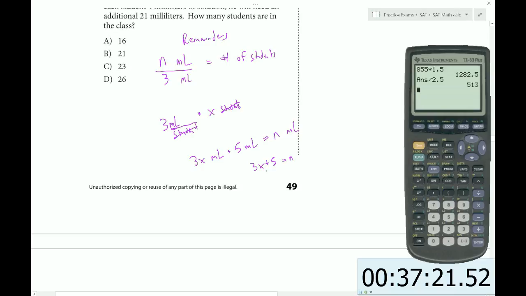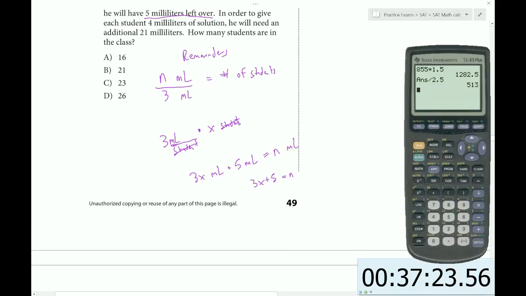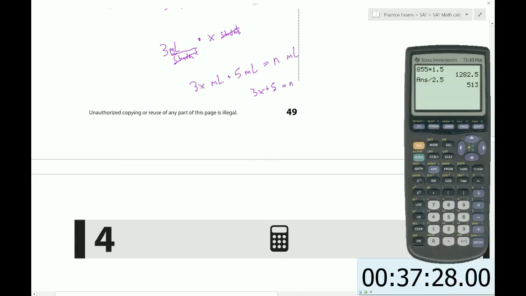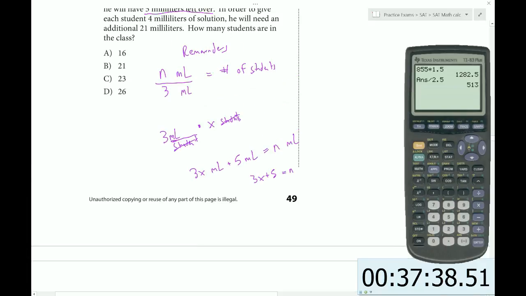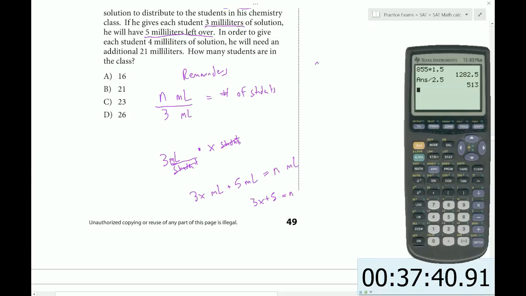And of course I'm looking for x because I want to know how many students there are. So if you divide by 3, you get a remainder of 5.